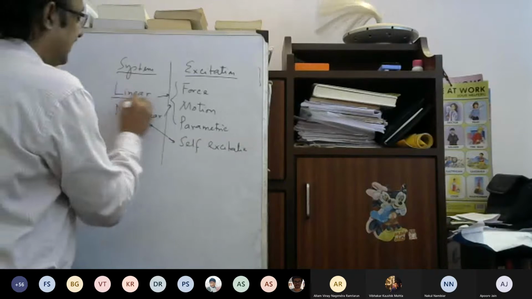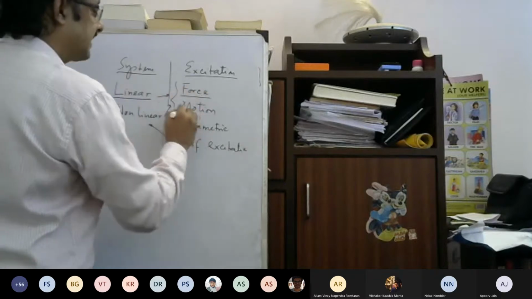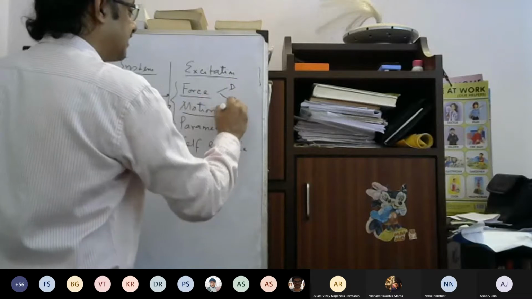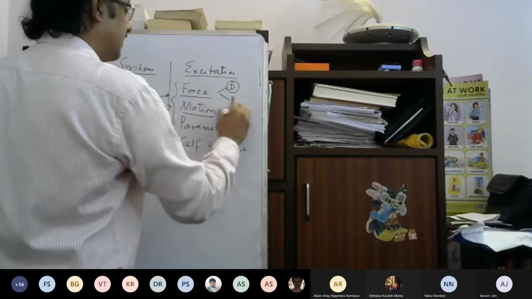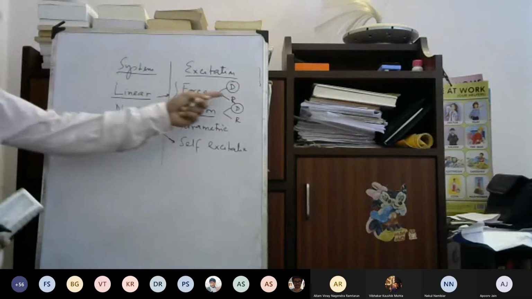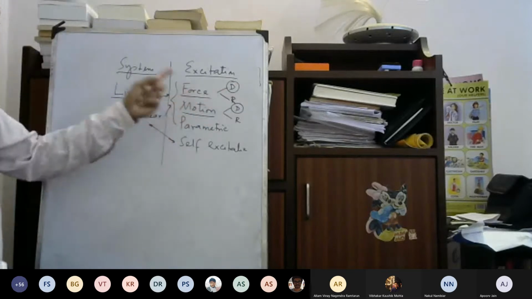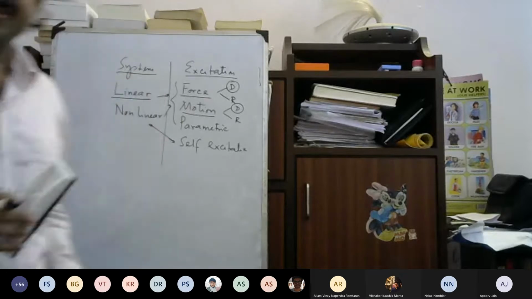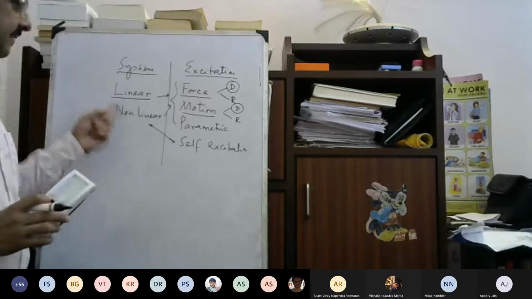So we'll consider linear system, we'll consider force excitation and the motion, and this is actually deterministic and random. So we'll consider only the deterministic part. So deterministically excited linear system will be our subject matter of study. Understood? We'll consider linear system only.